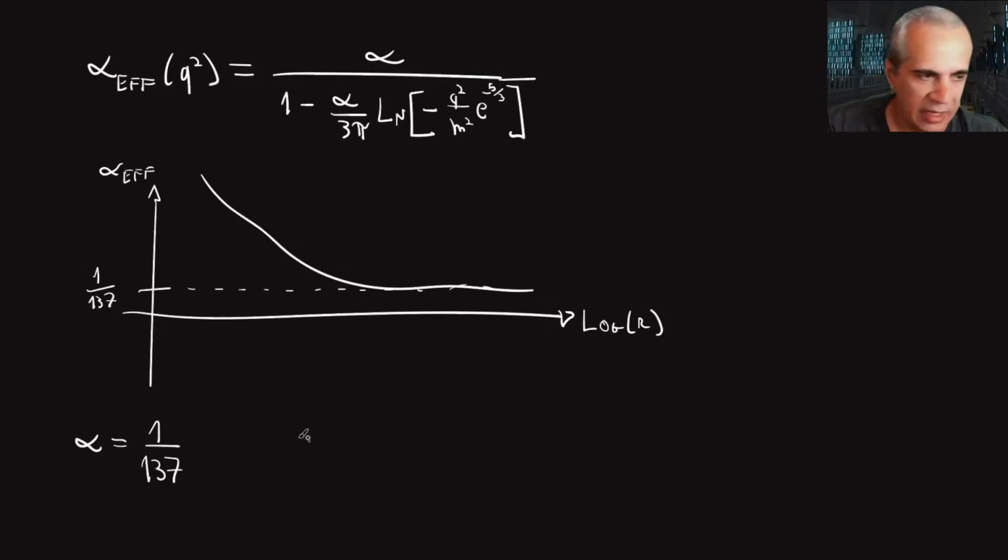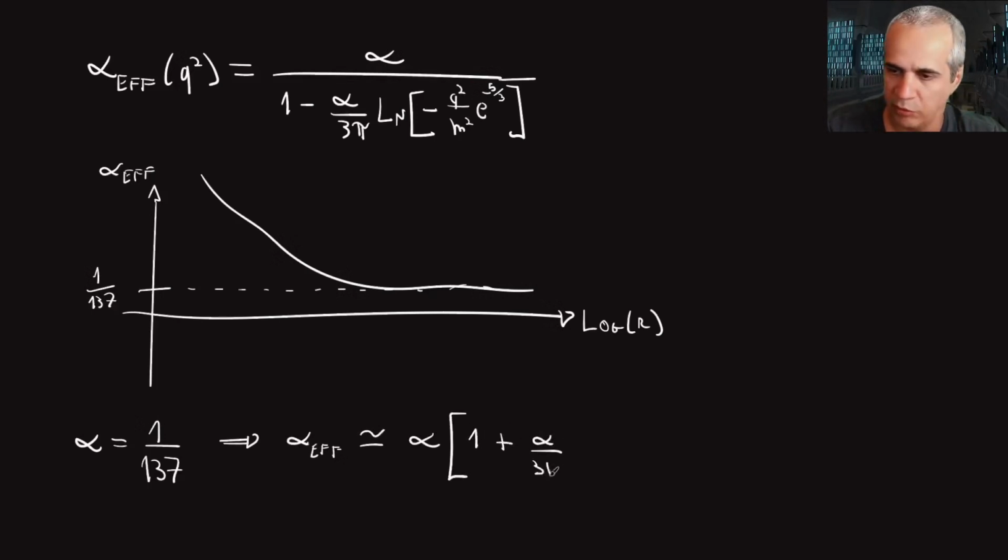And now bring it down, as long as this is still a small correction, I can bring it to the numerator. I can take this 1 minus and become a 1 plus here.